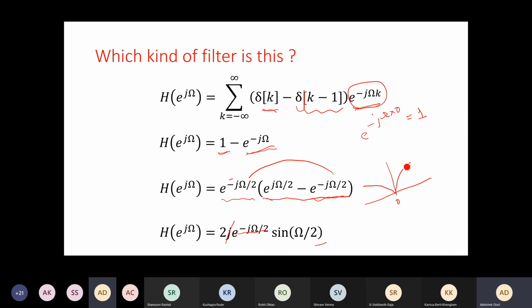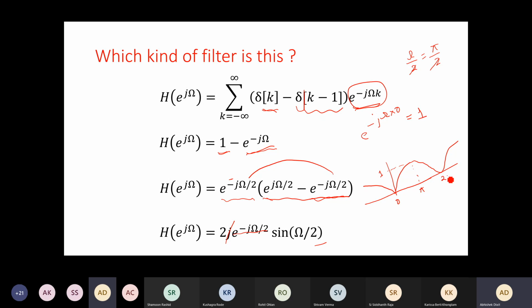So where would this be 1? Omega by 2 has to be pi by 2, right? So omega has to be pi. So at pi frequency, this is 1 and then it will decrease.